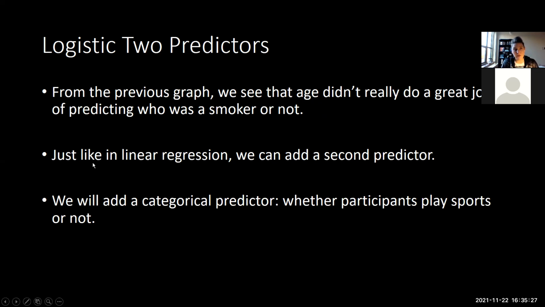But just like we can do in our linear models, we can also add more predictors. So in this case, I'm going to add a categorical predictor, which is whether people play sports or don't play sports. My thought at the time being people who play sports might be more health conscious and think I shouldn't be a person who smokes because I need to use my lungs for other things like running fast.